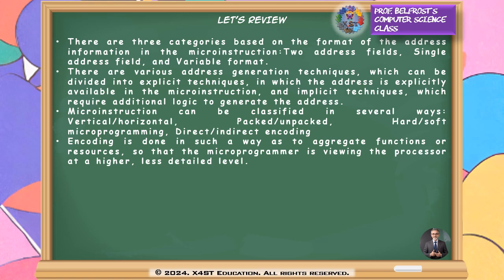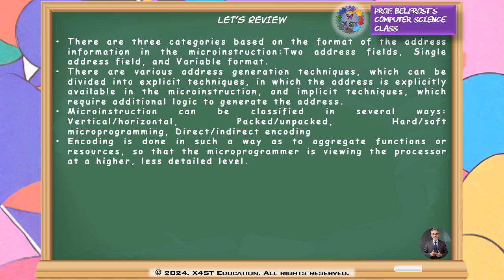There are various address generation techniques, which can be divided into explicit techniques, in which the address is explicitly available in the microinstruction, and implicit techniques, which require additional logic to generate the address.